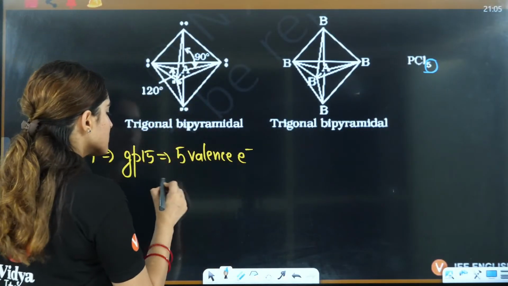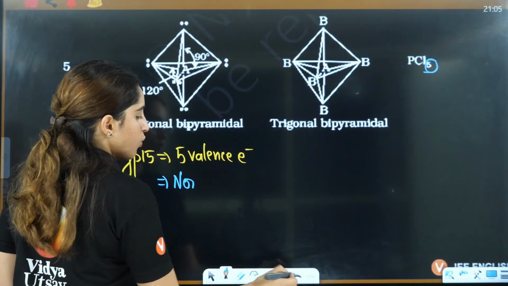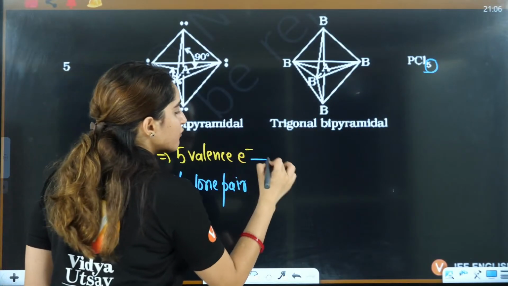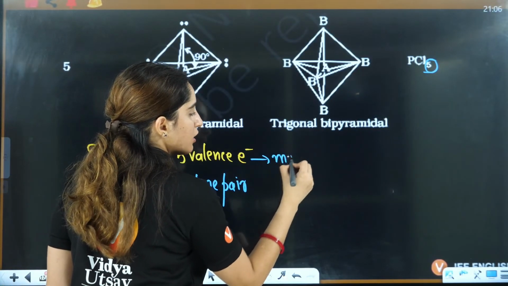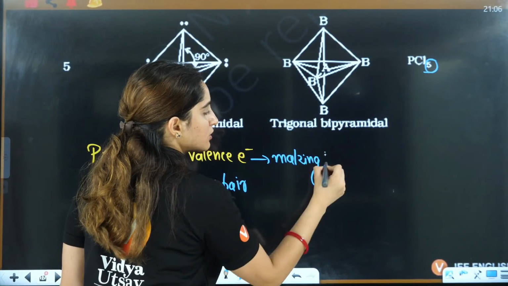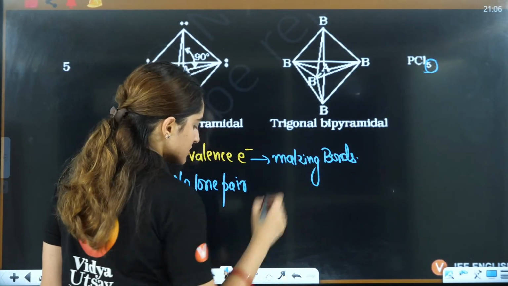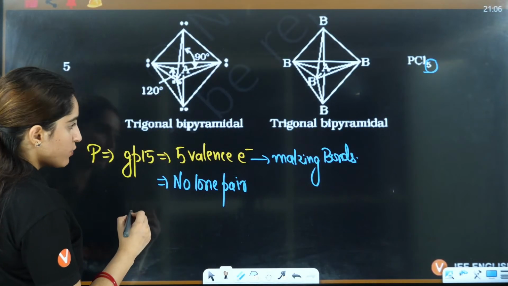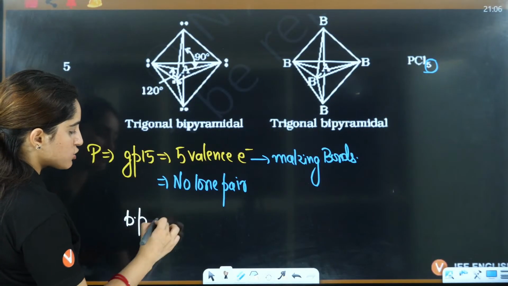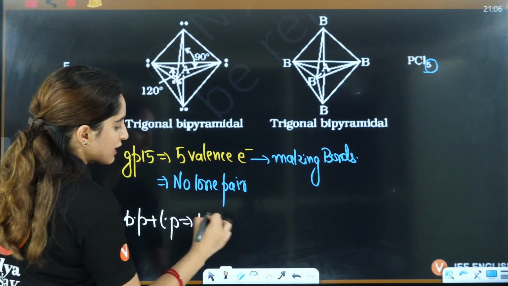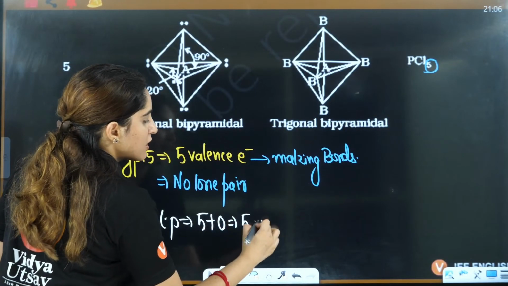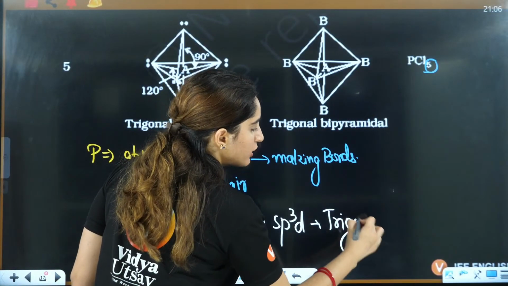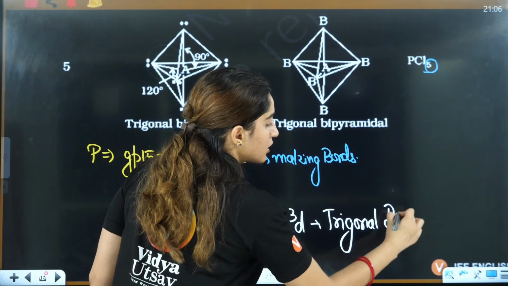So there is no lone pair, and hence you will have here bond pair plus lone pair, that is 5 plus 0, that is 5, that is nothing but sp3d, that we call trigonal bipyramidal.